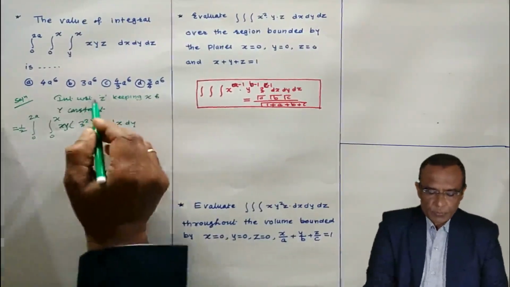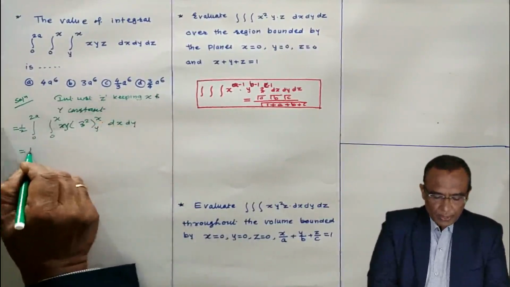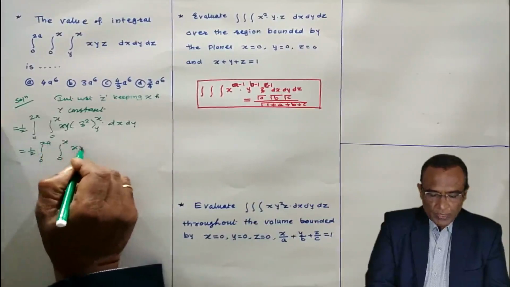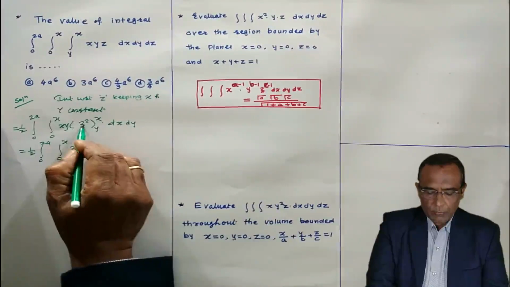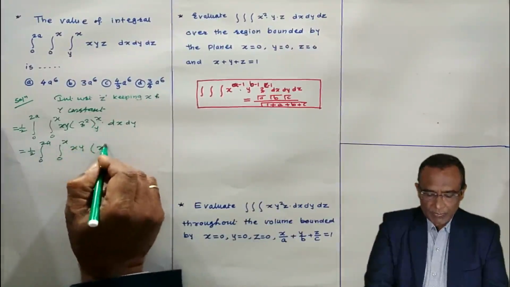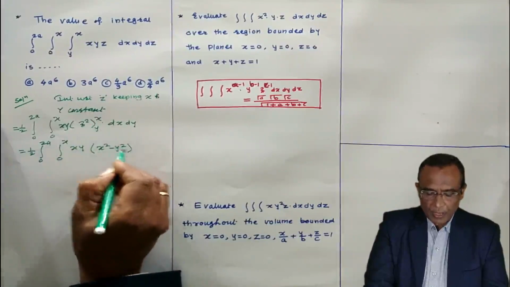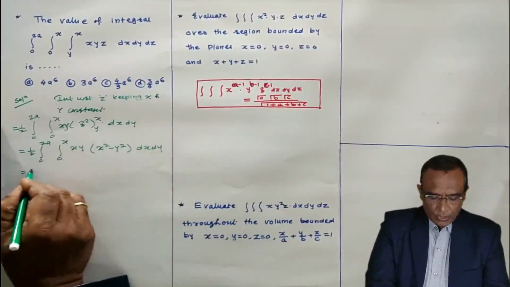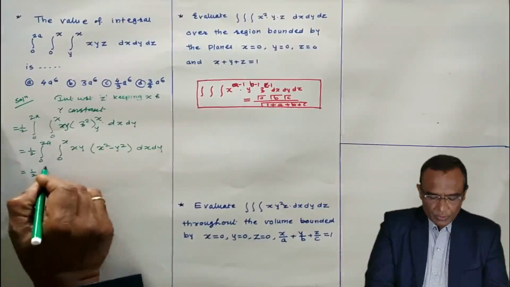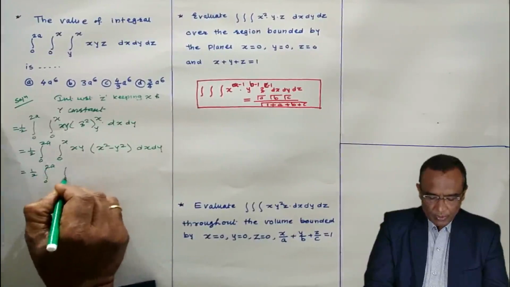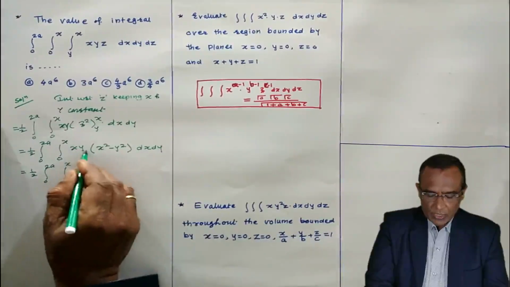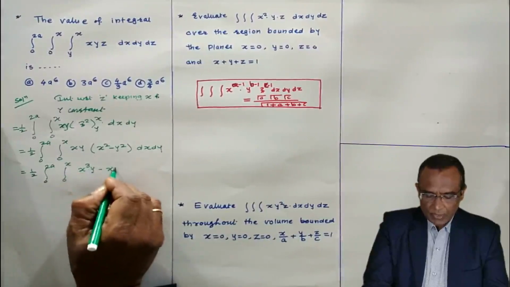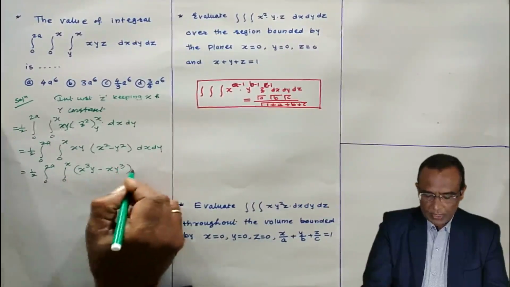Put upper limit minus lower limit in place of z only. xy is as it is, and put z equal to x, put z equal to y, upper limit minus lower limit in this way. After putting upper limit and lower limit, you may solve it for one more step. Integral 0 to x, xy into x square is x cube y, and xy cube dx dy.